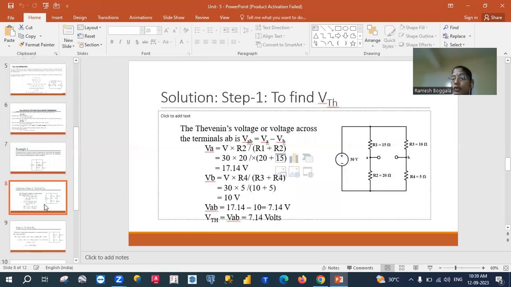Substituting the values, VA is equal to 17.1 volts. Following the same procedure, we find the VB value as 10 volts. Now VTH is exactly VAB, so VA minus VB is the VTH value. Here the VTH value, which is the voltage across the load resistance, is equal to 7.14 volts.